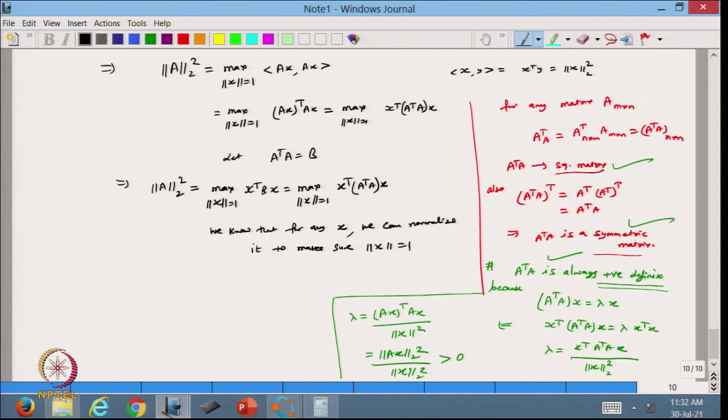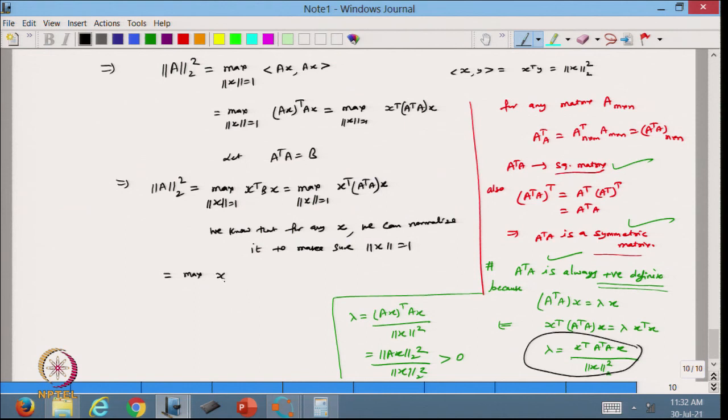That we can do. Now, what I am going to write is this maximum. Taking the same way as we have done here, any matrix can be written this way.